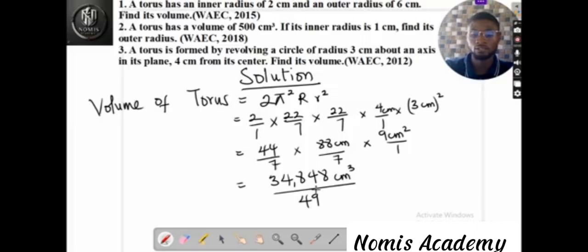So 34,848 centimeter cube divided by 49 is equal to 711.18 centimeter cube to 2 decimal place. So that is the volume of the torus we're talking about.